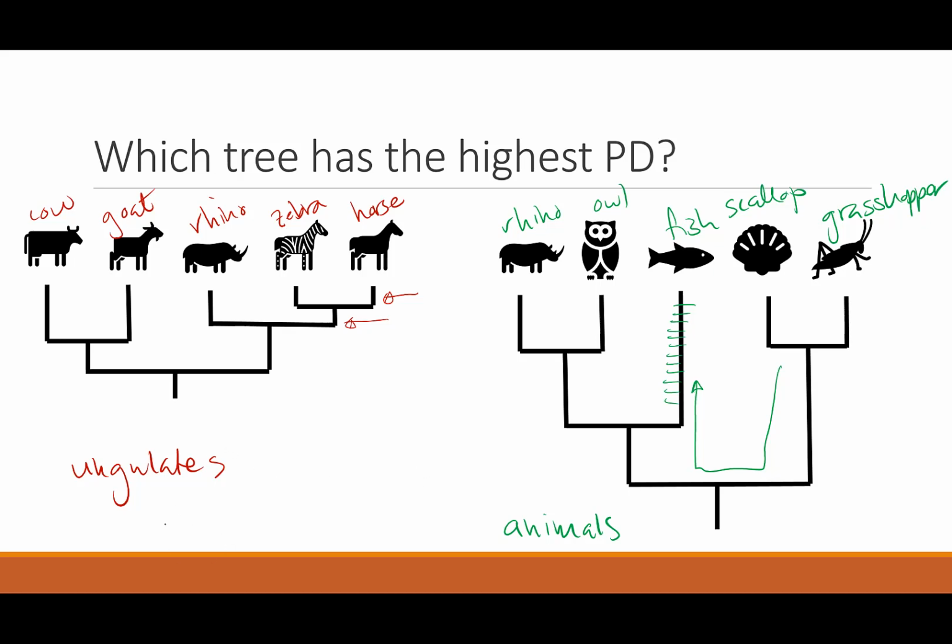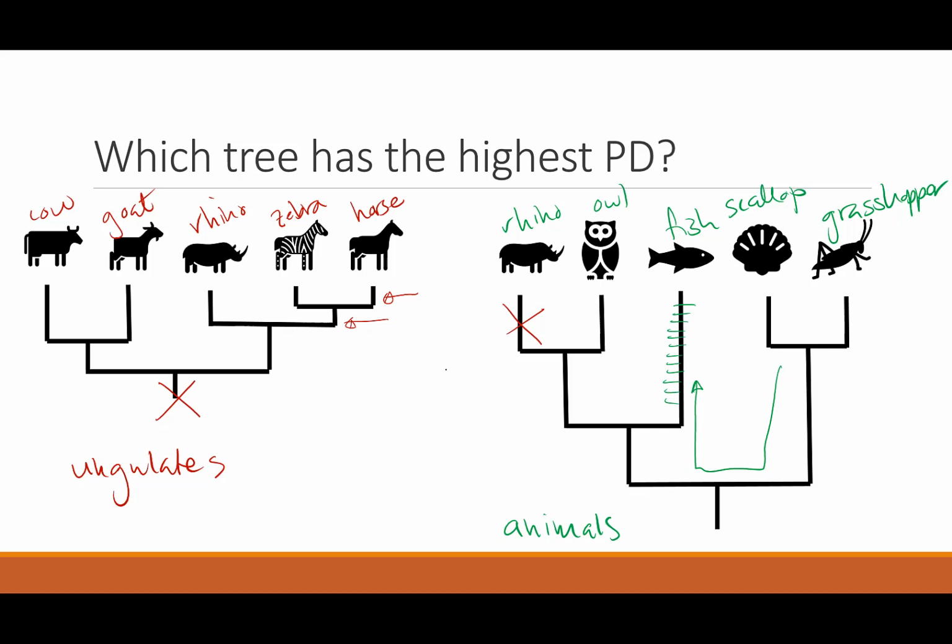So if we imagine that ungulates as a whole goes extinct, let's just say all of them go extinct, and you compare that to the animal phylogeny, ungulates is represented by the rhino in the animal phylogeny. So let's say that in this tree, we suppose that that entire clade, the ungulate clade, goes extinct, but in the animal phylogeny, rhinos, which is representative of all of the ungulates, goes extinct.